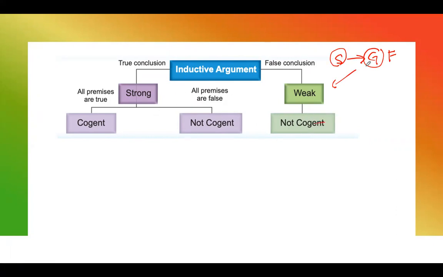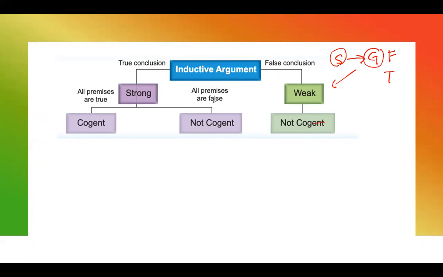If the inductive argument has a general conclusion that is true, we call it a strong inductive argument. But whether it's cogent or not cogent depends on the premises. If all the premises are true, then we can say it is a strong inductive argument and it is cogent.